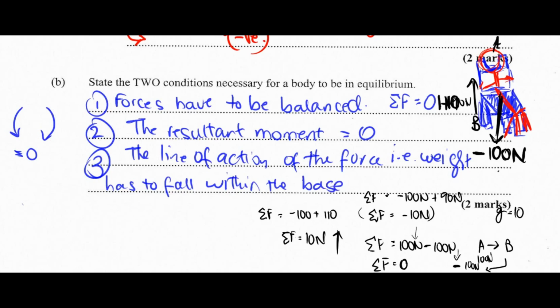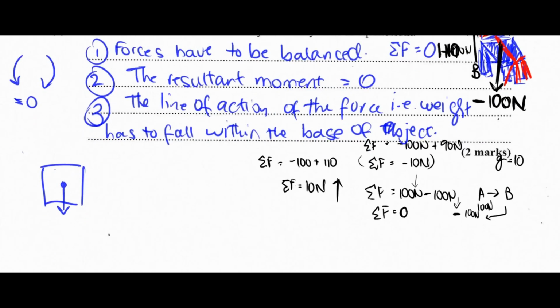So basically, that's why for the most part race cars are made with very broad and very low bases, in order to keep the center of gravity or the line of action of the force within the base of the object. So if it acts downwards, then you want it to fall within the base in order for it to be stable.